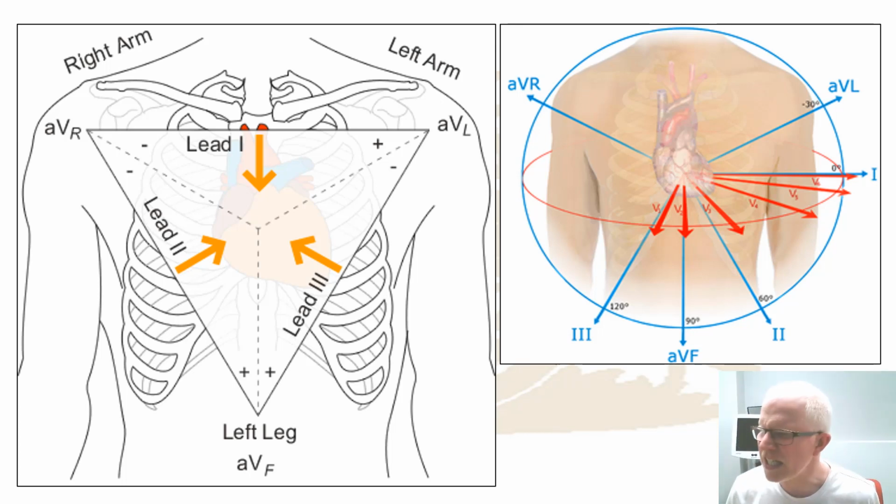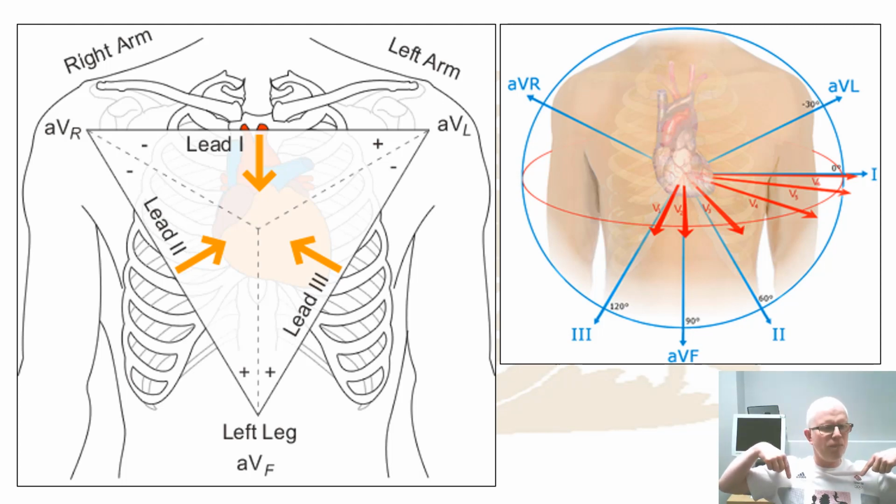Don't worry about the V leads, which are the chest leads, at the moment. But if you look at AVR, AVL and AVF, which are the primary leads that we're thinking about, because of their placements they're creating this pattern which sits across here for AVR and AVL.